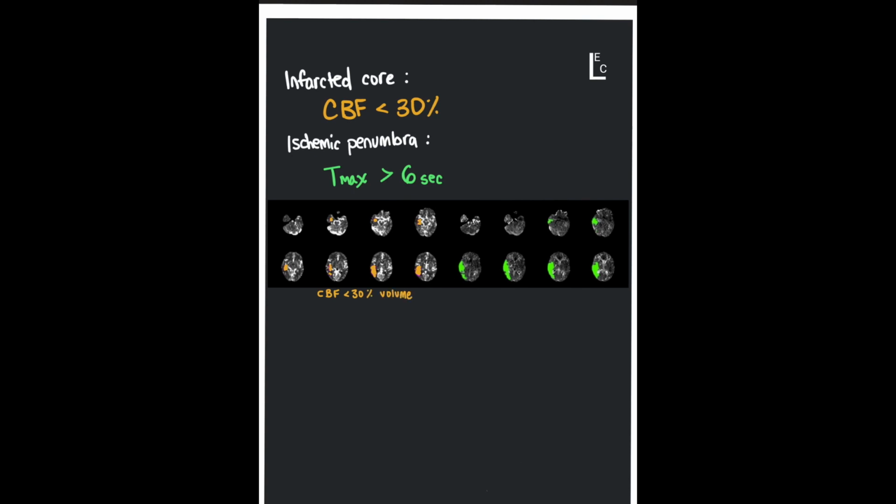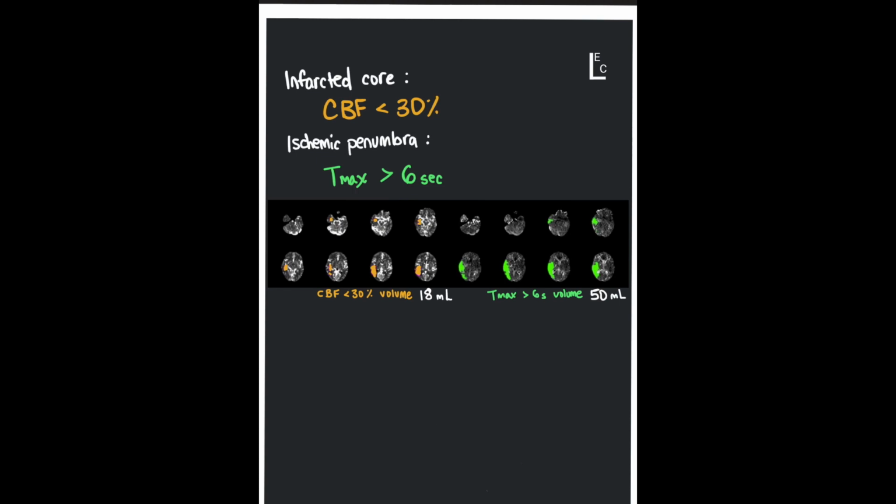In this example, in orange, the total volume of tissue with cerebral blood flow reduced by 30% is 18 milliliters. In green, the total volume of tissue with Tmax greater than 6 seconds is 50 milliliters.